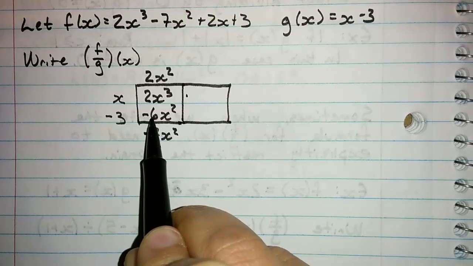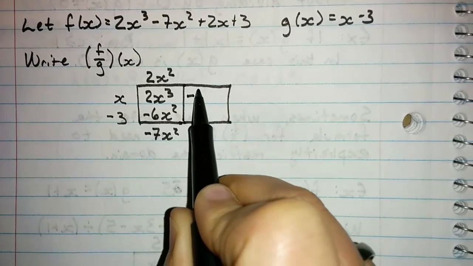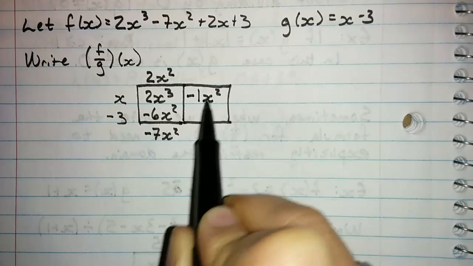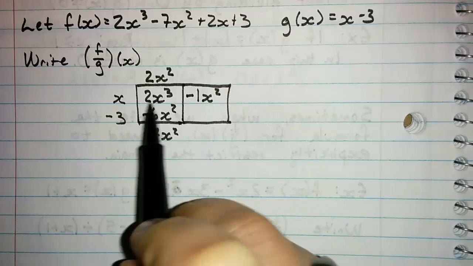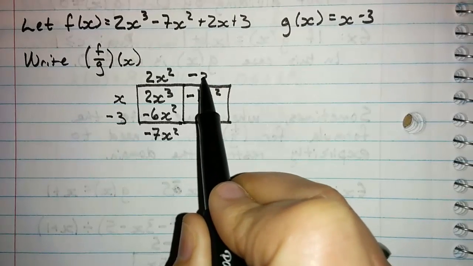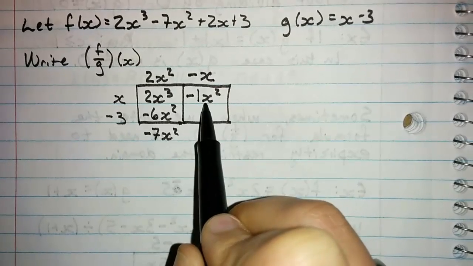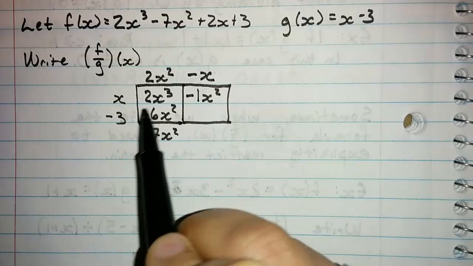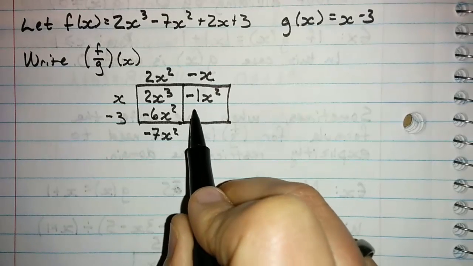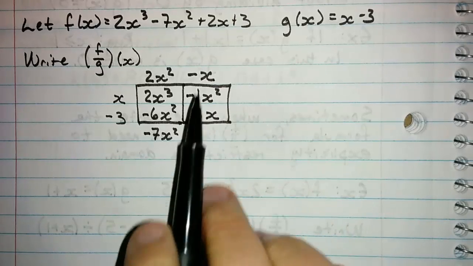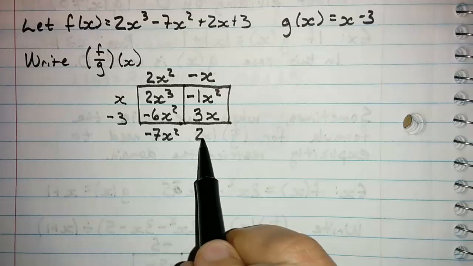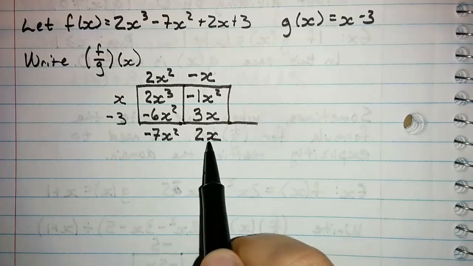Negative 7 minus negative 6, I'll need a negative 1x squared. X times what gives me negative 1x squared? X times negative x gives me negative 1x squared. Negative x times negative 3, that'll be positive 3x. I need my x term to be 2x.